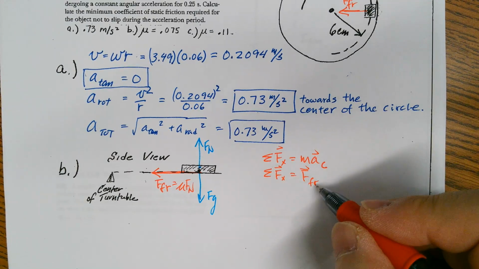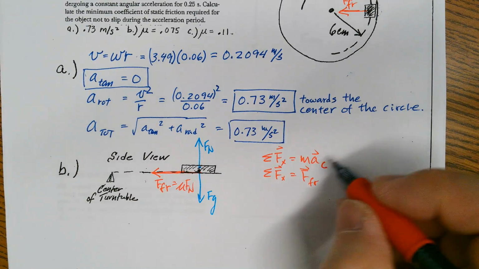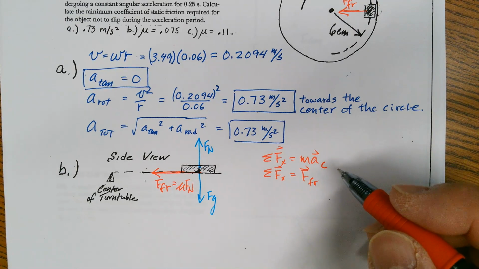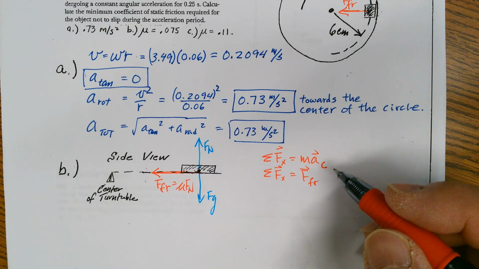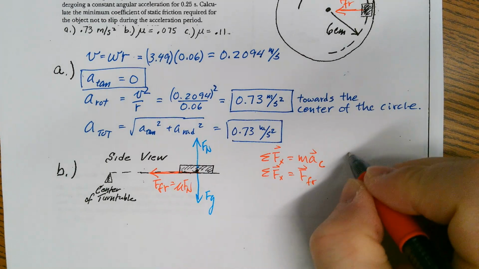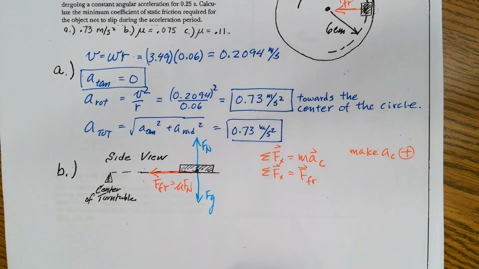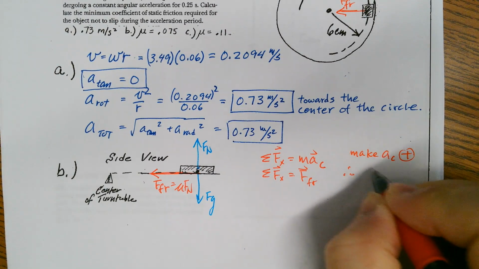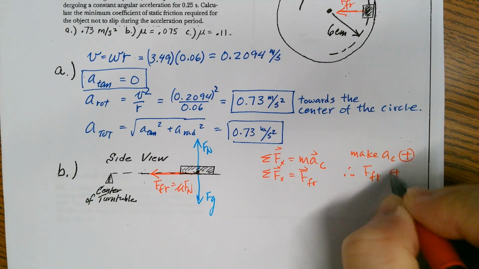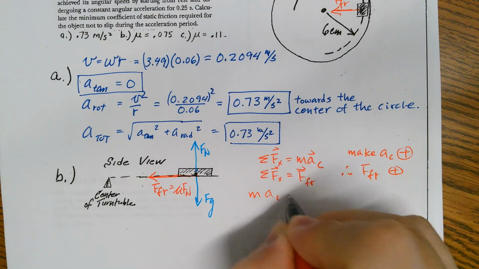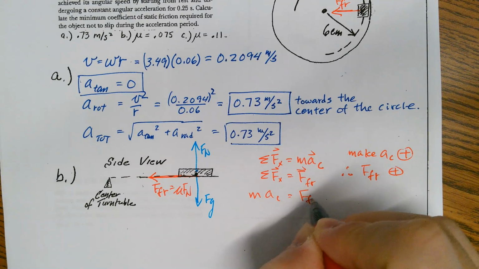Since a_c and friction are in the same direction, we're going to keep both of them positive because we always want to make the a_c positive direction because you don't want to confuse ourselves, right? So make a_c positive direction, okay? Therefore, F friction is also positive, right? So we could say m a_c is equal to F friction.